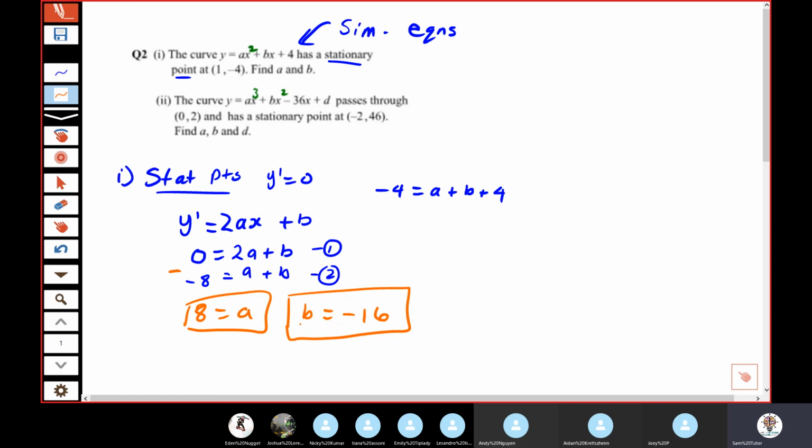And the fact that it's a stationary point, what can I also do? The S word you just used before. You'll eventually have to do simultaneous. Sub in as well. Don't forget, you can sub it in as well. So you should have 3 substitutions essentially. Go. Good luck. I'll leave it with you guys for just 2 minutes.